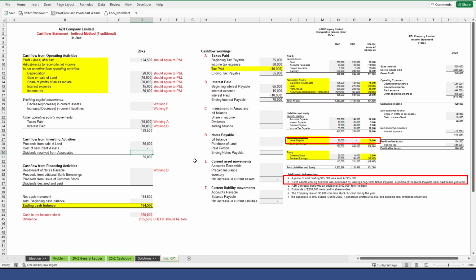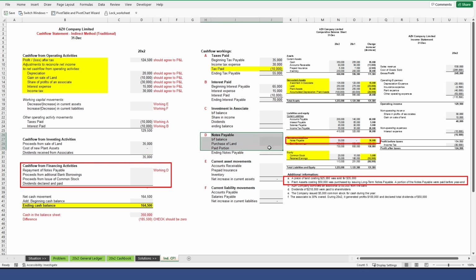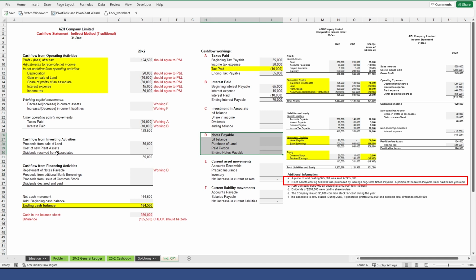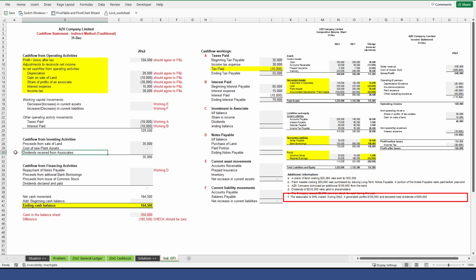And the payment of that long-term note payable goes to the financing activities, which is in particular Working D. The dividends received from associates for this problem needs a little bit of computation because we're saying here that the associate is 30% owned. With 30% ownership and the total dividends declared of 50,000, it means that the company received 15,000 of dividend during the year. It will be a positive amount because we received cash from the associate.